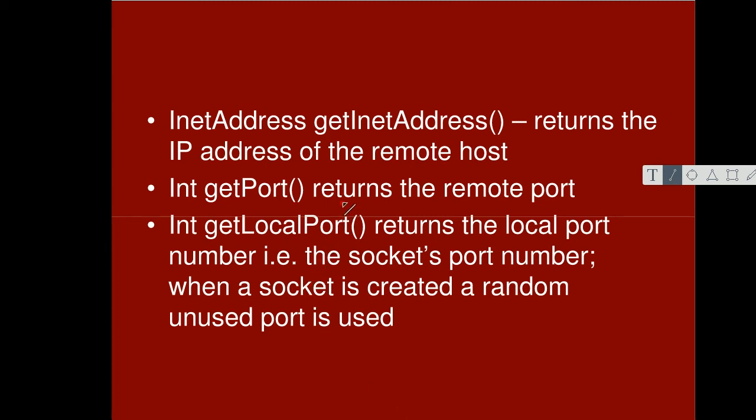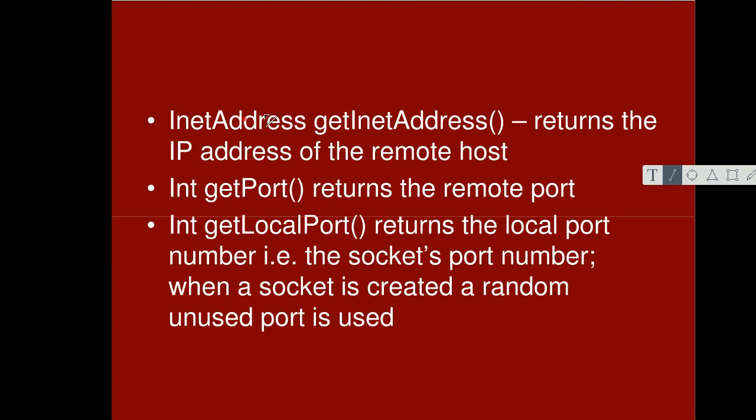And I've got lots of other methods. Like I can actually find out what your remote port is. I can identify the local ports which I'm sending data on, and so on.